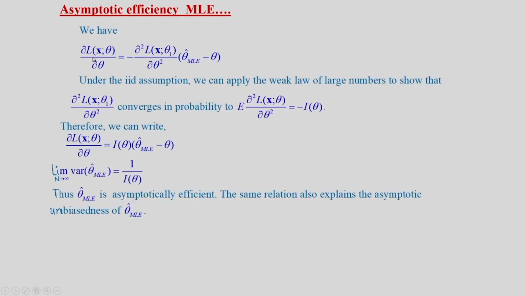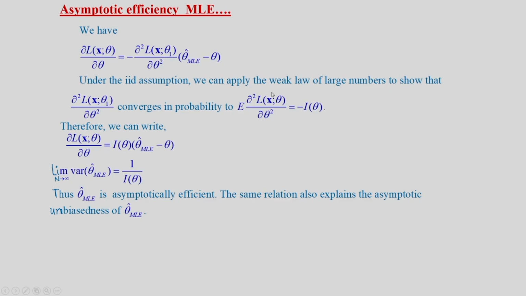We have established that del L del theta is equal to minus del 2L del theta square times theta hat MLE minus theta. Now, under the IID assumption, because we are assuming that the xi's are IID, we can apply the weak law of large numbers to this quantity. Actually, this quantity can be expanded as the sum of individual log likelihood functions. So, that way it is a sum of a large number of log likelihood functions.